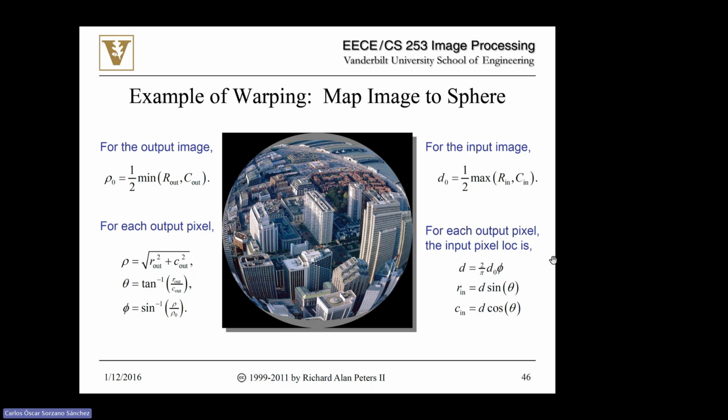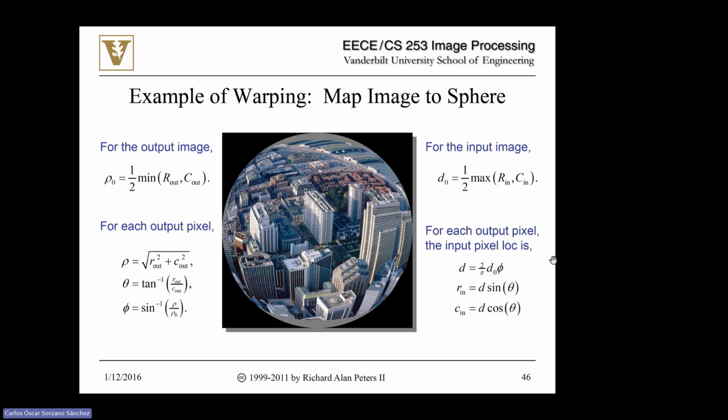Now for the input image, compute D0, and then you make the following calculation. You compute D using D0 and this phi parameter that we computed. And then once you have D, you undo the polar transformation. So now you have a very nice way of going from the spherical image to the Cartesian image, to the square image.